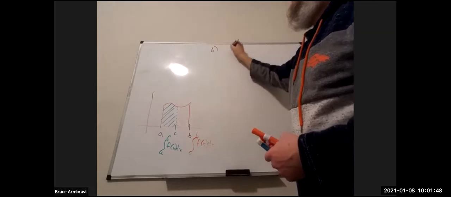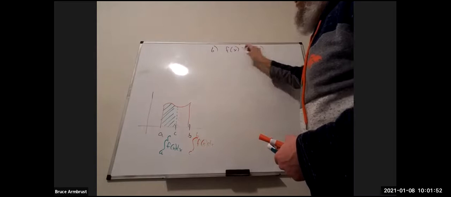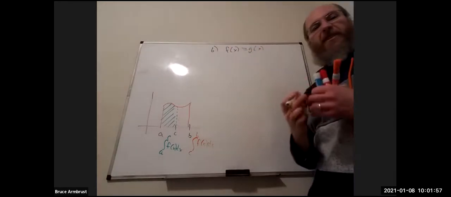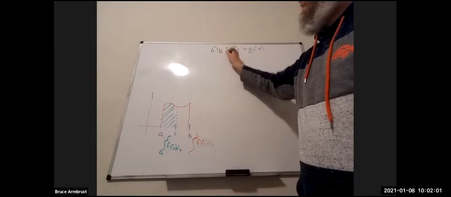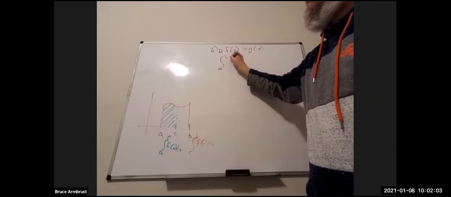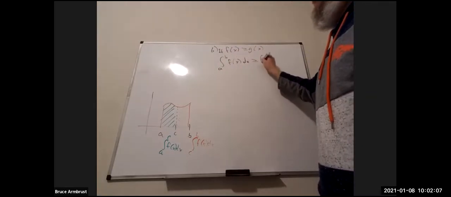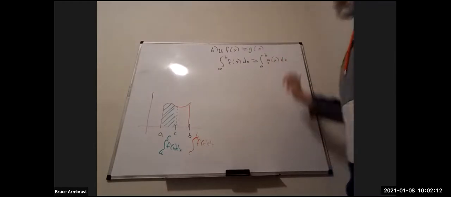So let's say that we know that f of x is greater than or equal to g of x. So f is just bigger than g. Then what we know is that the integral of f of x is going to be greater than or equal to the integral of g of x.